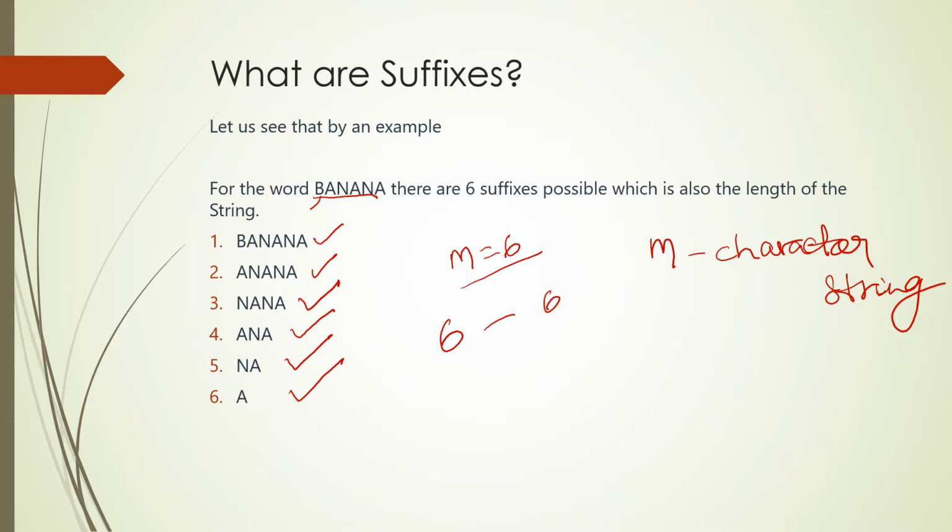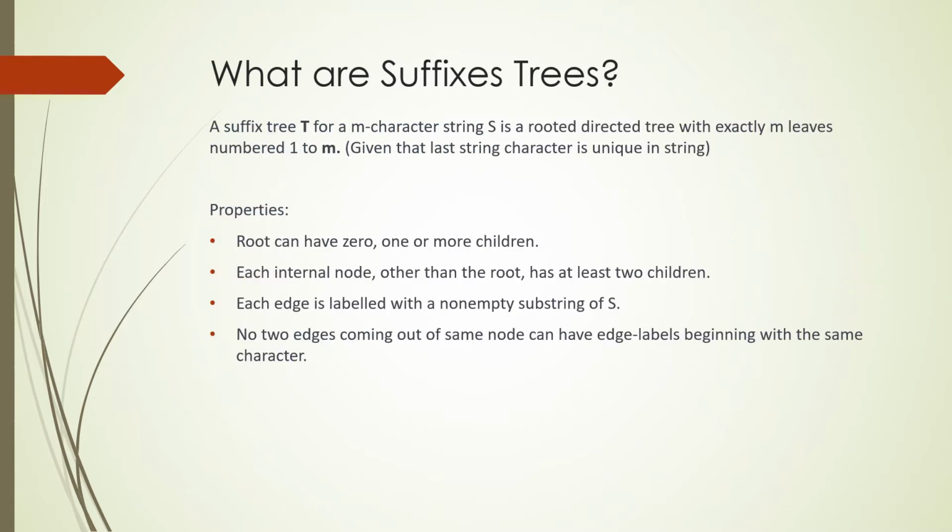Let's see what suffix trees are. I'll read out the definition and explain it in detail. What are suffix trees and what are their properties? A suffix tree T for an m character string S is a rooted directed tree with exactly m leaves numbered from 1 to m.